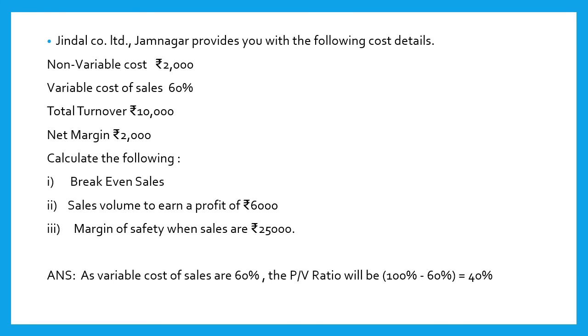If we compare profit with the volume of sales, that is PV ratio, it will be 40% of total volume, because out of that total volume of 100%, the 60% is a variable cost. Hence, remaining 40% will be our profit. So, the PV ratio in this given example will be 100% minus 60%, that is 40%.